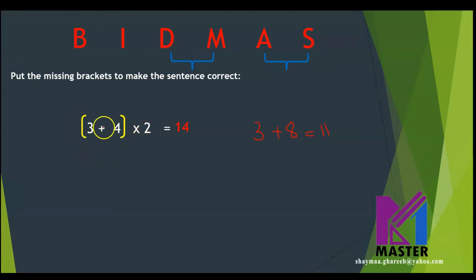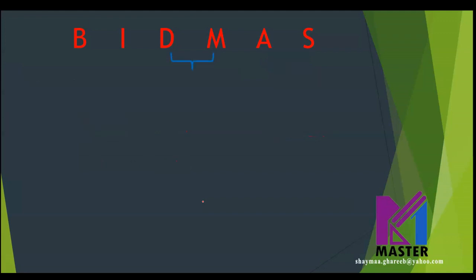Let's check our answer. Inside the bracket, the addition, the answer will be 7 times 2, which is 14. So the place of the bracket can change the answer of the sentence.